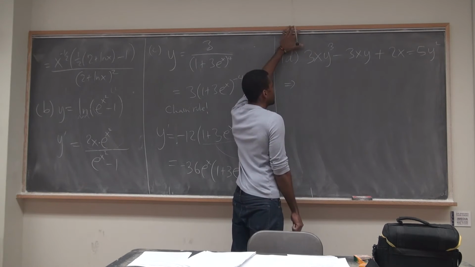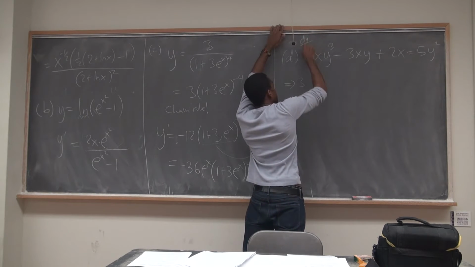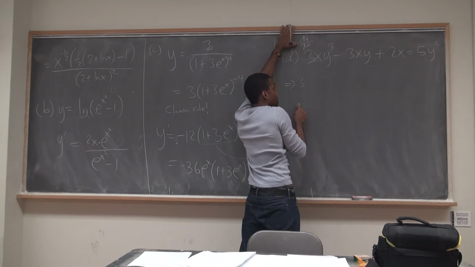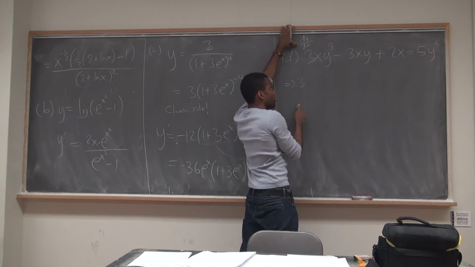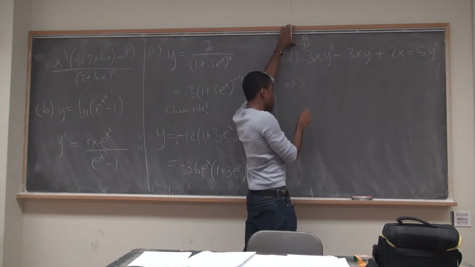Okay, so this becomes 3. I'm finding dy dx. Wait, what does that mean? This is where I get confused. That's one of the y's that you differentiate. Yes.